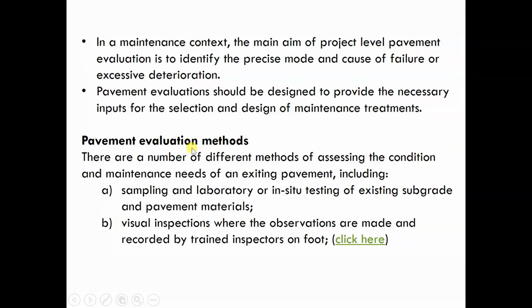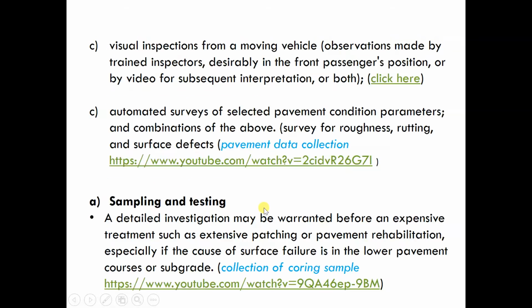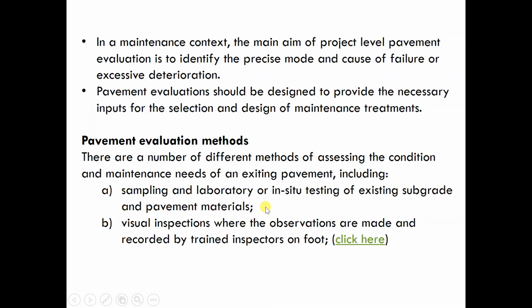Pavement evaluation methods. There are a number of different methods of assessing the condition and maintenance need of the existing pavement. How do we do it? There are four different methods of doing the evaluations. The first one is sampling and laboratory or in-situ testing of existing subgrade and pavement materials.